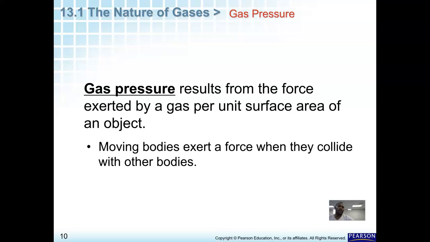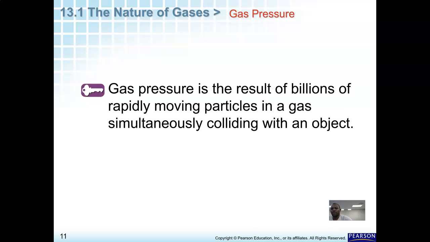Moving bodies exert a force when they collide with another body. So gas pressure is the result of billions of rapidly moving particles in a gas simultaneously colliding with an object.